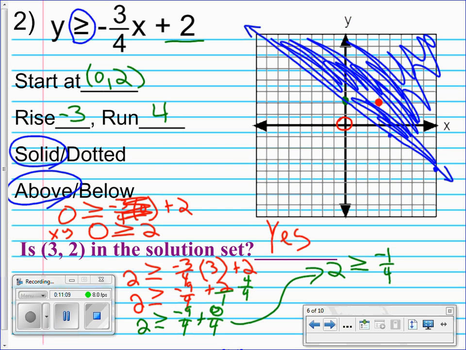Is that true? Yes, it is, because positive numbers are always greater than negative numbers. So another way to prove that yes, 3,2 is in the solution set. Using the inequality or proving it to show my red dot, the coordinate 3,2 is in my shaded blue section.